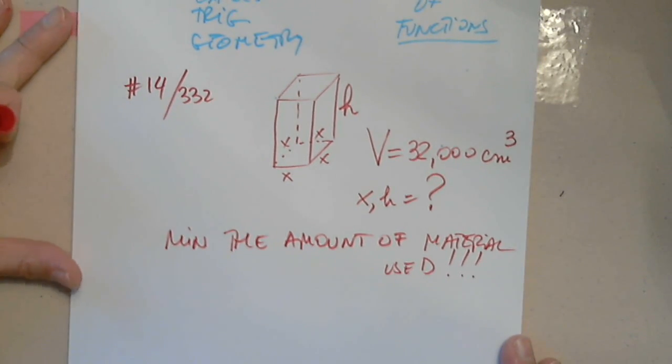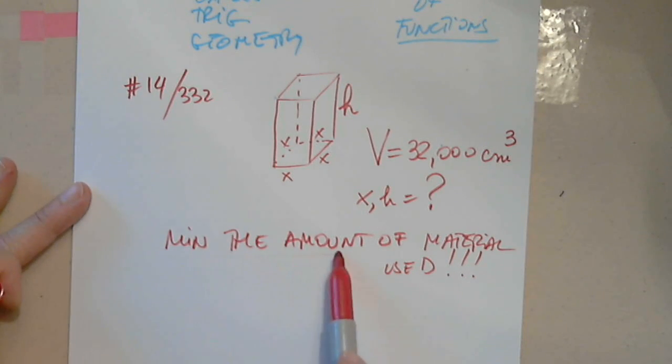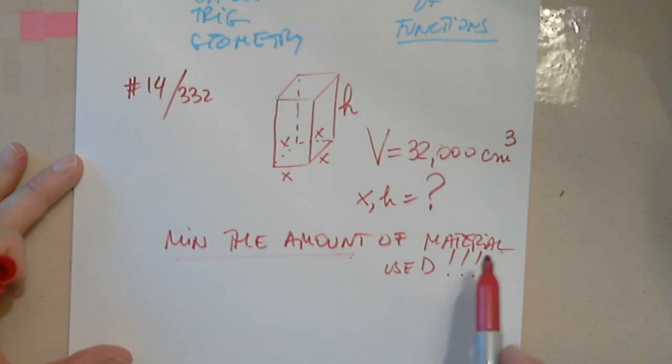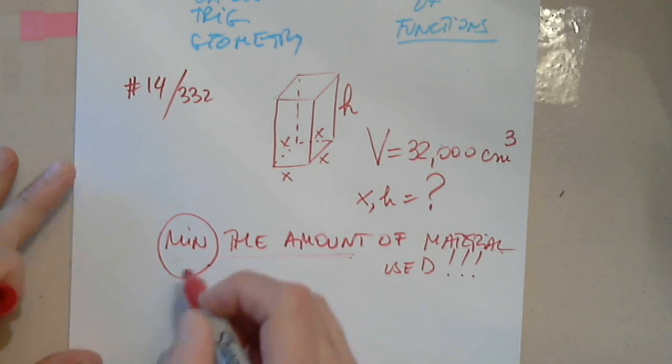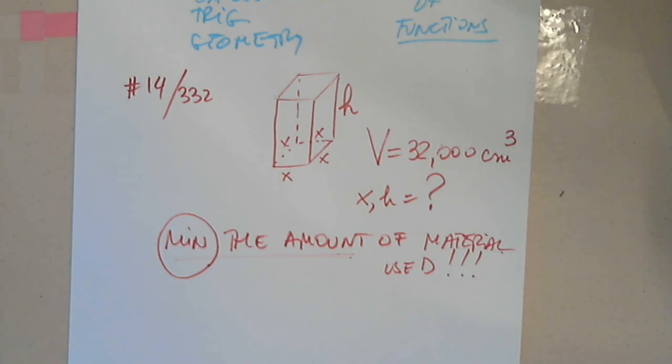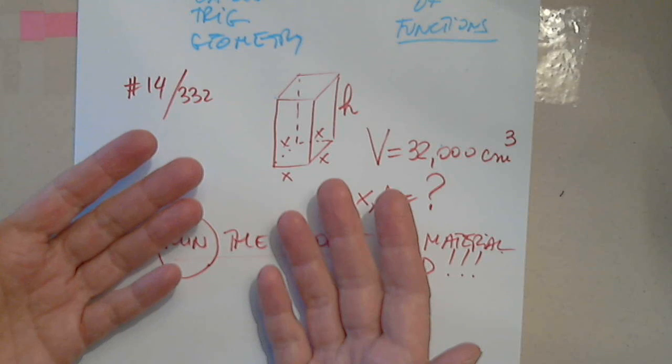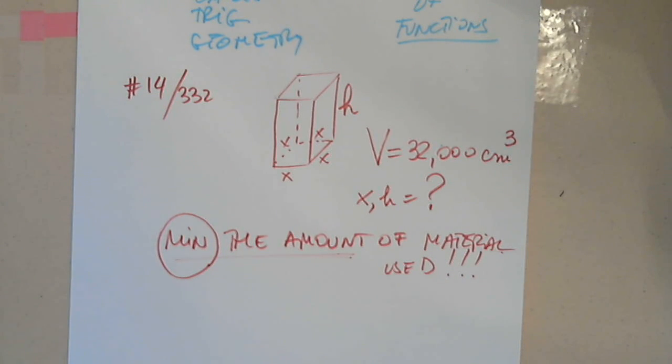Which means that I have to have a function that represents the amount of material used that I have to find the minimum for. So when we talk about the material used to create a box, what am I thinking of? I have material to create a box. So what am I thinking about? I'm thinking about length, I'm thinking about area, I'm thinking about volume.